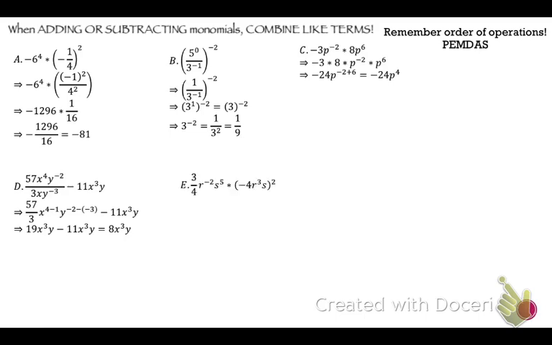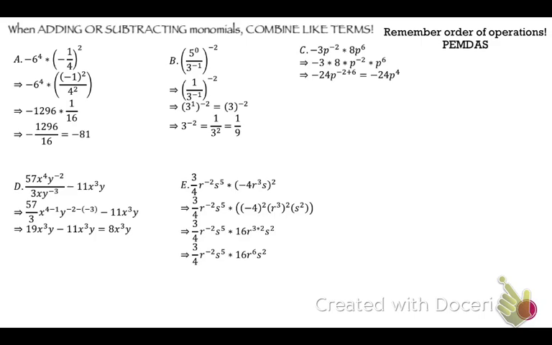Let's do this one. So let's deal with parentheses first. So that's going to be -4 squared, r cubed to the second power, and then s squared. Well, -4 squared is 16. r cubed to the second power is r to the 3 times 2 power, and then s squared.